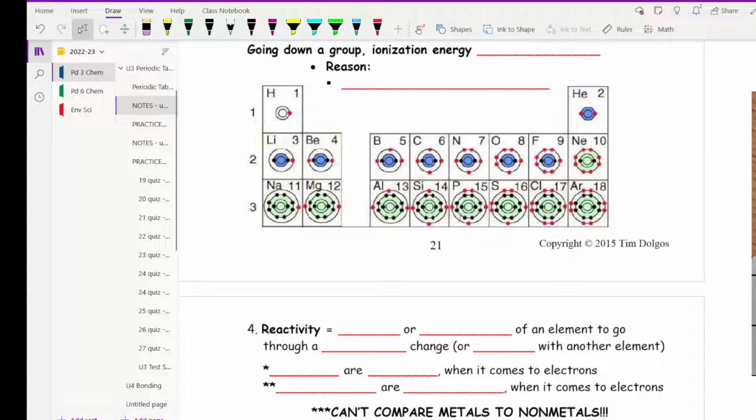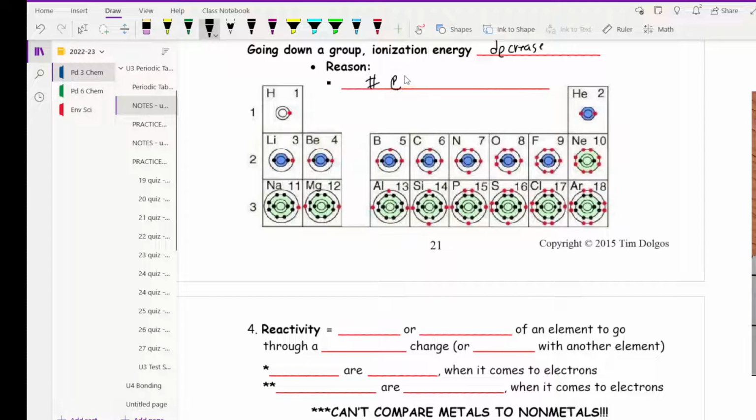But going down a group, I think you recognize the ionization energy decreases because you have more shielding. The reason is energy levels increase every move down a group.